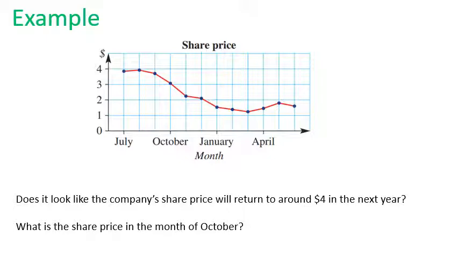Then following that we can see a downward trend, so the share price is dropping, when it gets to about March, where it's just over $1. And we can see that the trend is not increasing, it's looking pretty steady there. So it doesn't look to me like the share price will return to around $4 in the next year. So I'm going to say no.